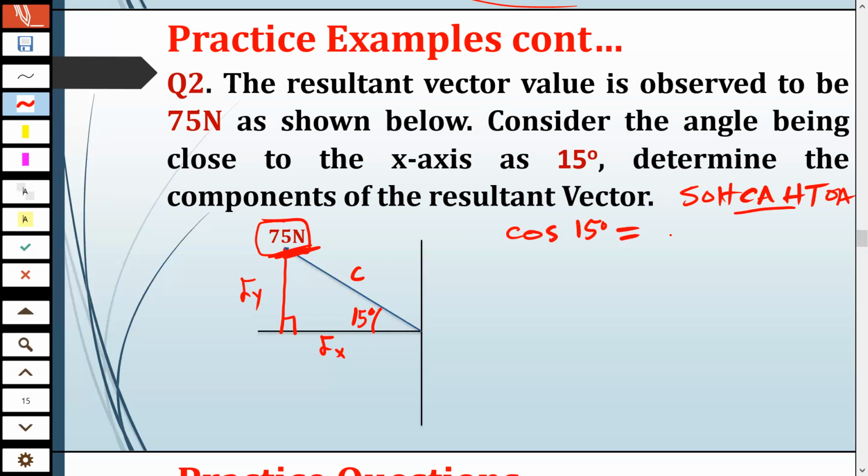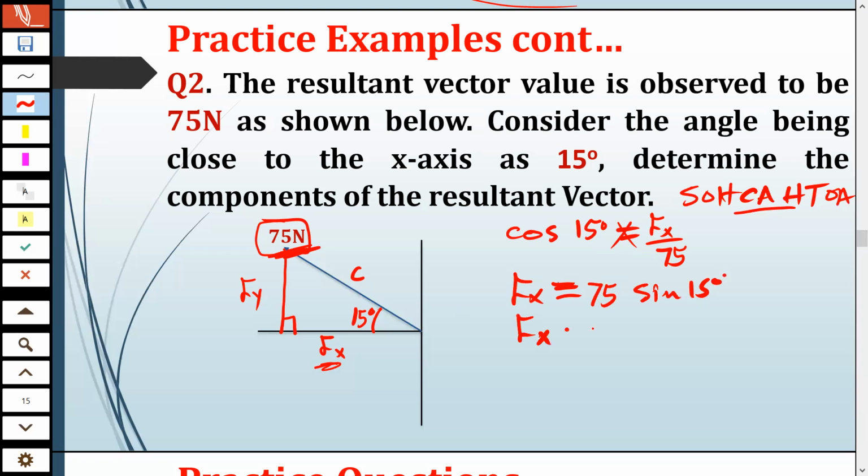So cos 15 is equal to the adjacent over the hypotenuse. The adjacent is the force in the X, over the hypotenuse, which is 75. When you do the cross multiplication, the force in the X is going to be equal to 75 times cos 15 degrees.